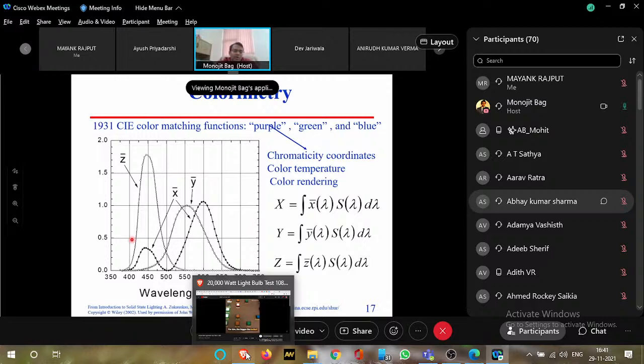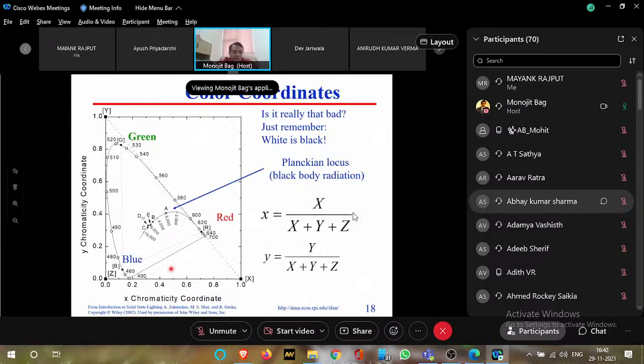As I said, x plus y plus z is always equal to 1. So if I know x and y, then I can define what is z. So z becomes sort of redundant. Then all these colors can be mapped into a coordinate system here.